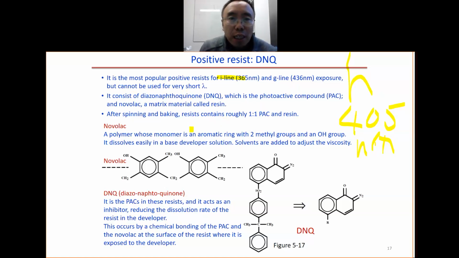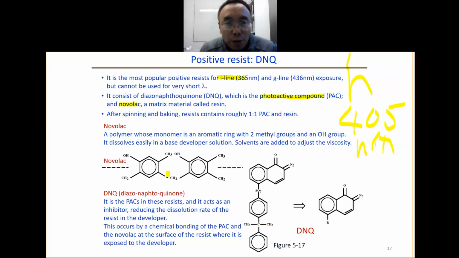This DNQ resist contains this one, diazo-naphthoquinone. This is the photoactive compound. So the resin is Novolac. This is the Novolac background matrix material. This one is a polymer. This one is a molecule.